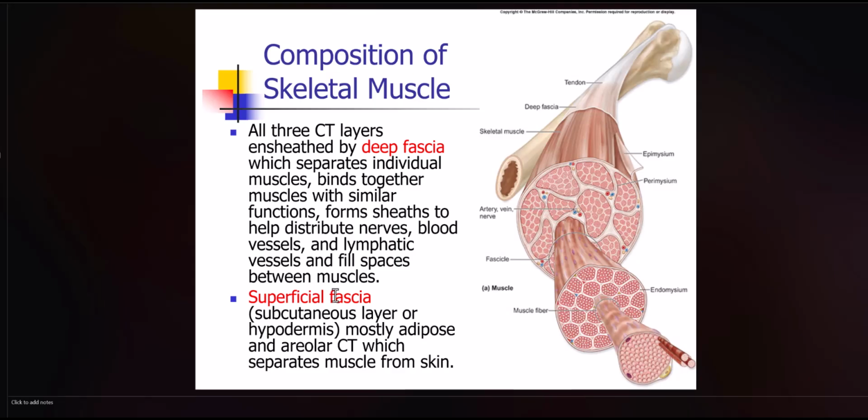So the superficial fascia is your hypodermis. You know that's mostly fat with some areolar connective tissue that separates muscle from skin. So superficial fascia, aka subcutaneous layer, makes sense, subcutaneous under the cutaneous membrane, or hypodermis under the dermis. All three of these are interchangeable terms.